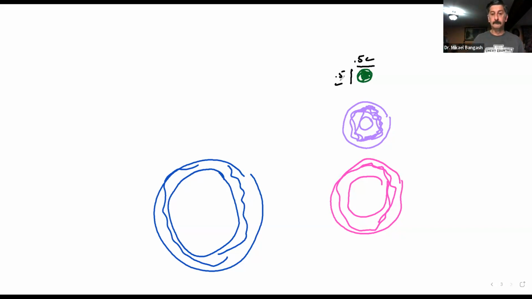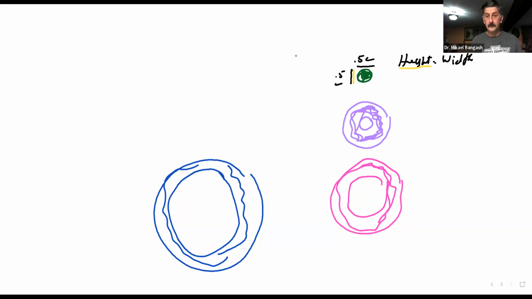Clear? So in this instance, the height is going to be equal to the width.